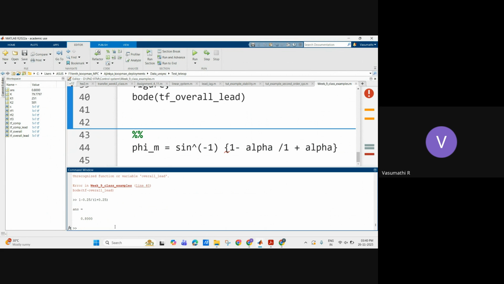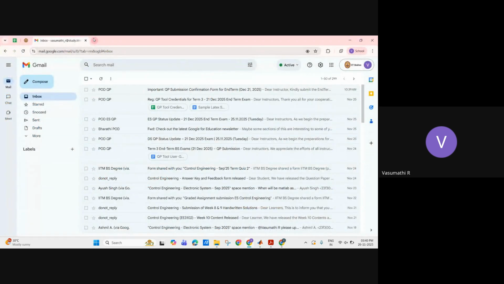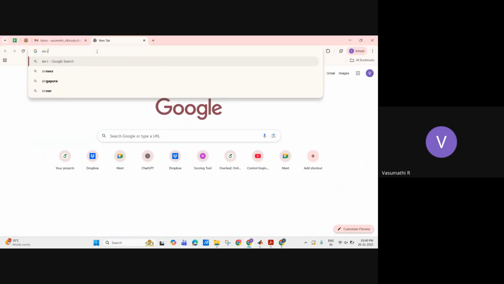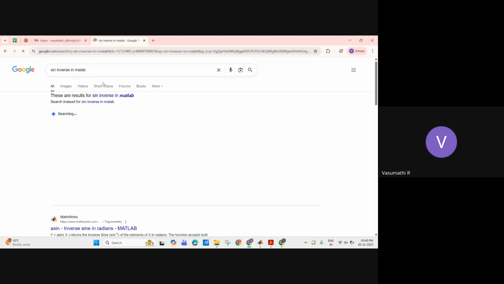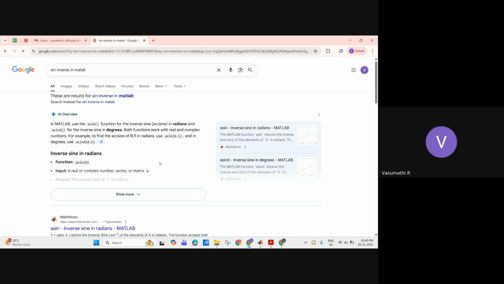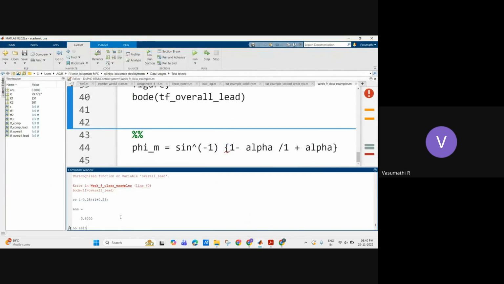I don't know how to do sine inverse in MATLAB, so asin of 0.6.